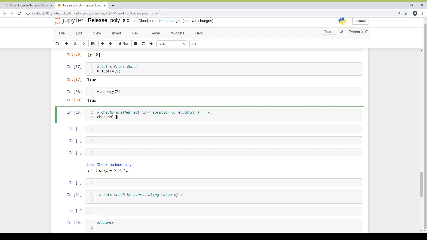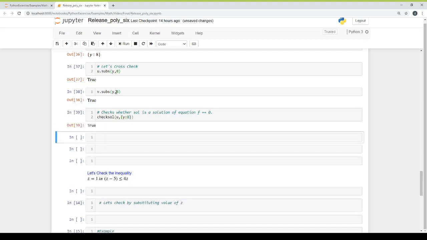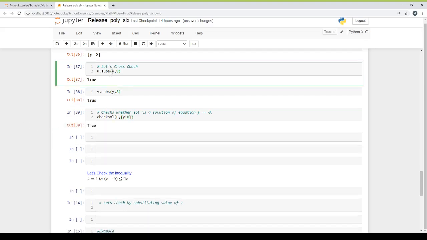Check solution takes two parameters. First is the expression and second is the value of the variables. So the value of the variable is y and 8. Check solution is true. That means for expression u, if the value of y is 8, it is right.